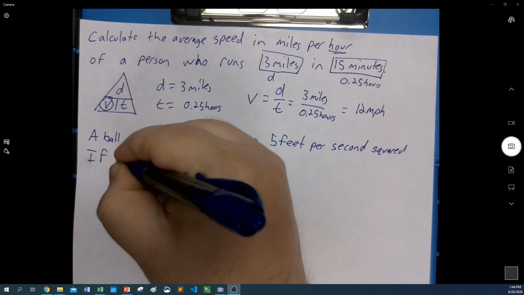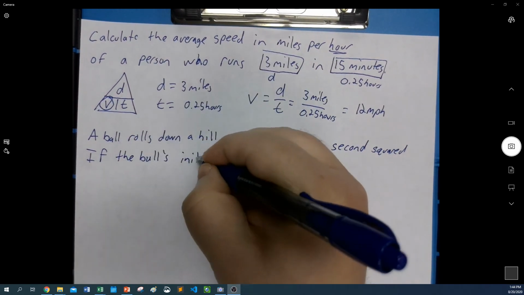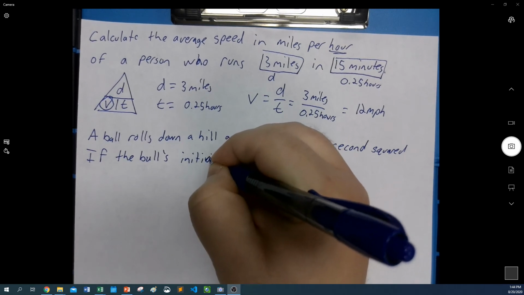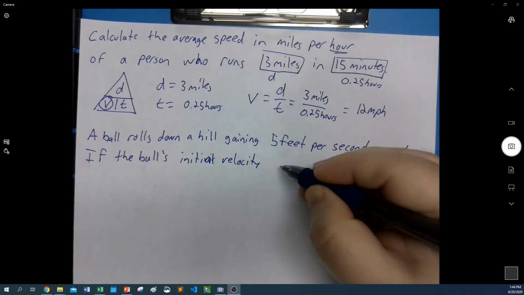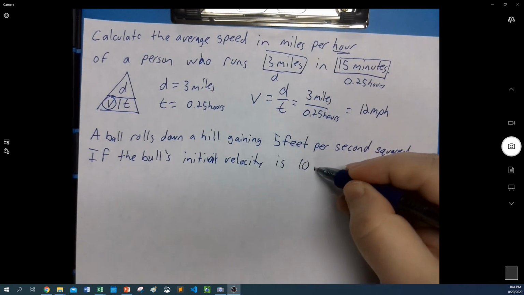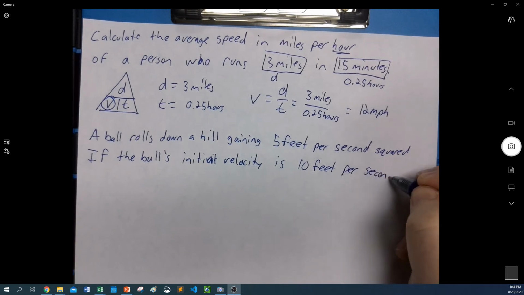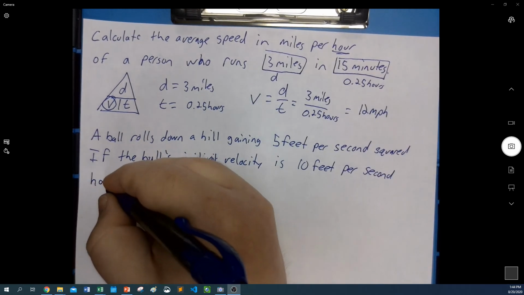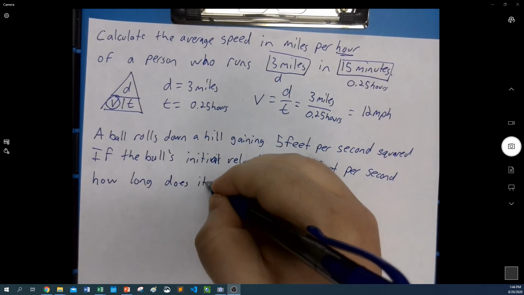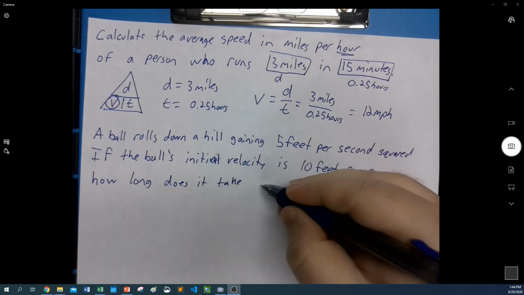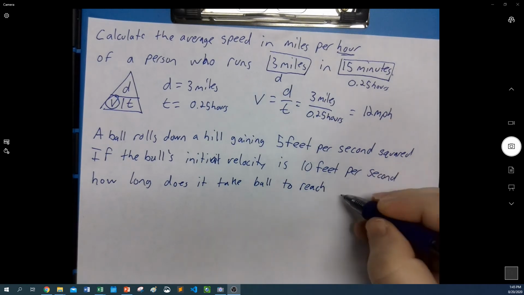If the ball's initial velocity is 10 feet per second, how long does it take the ball to reach 30 feet per second?